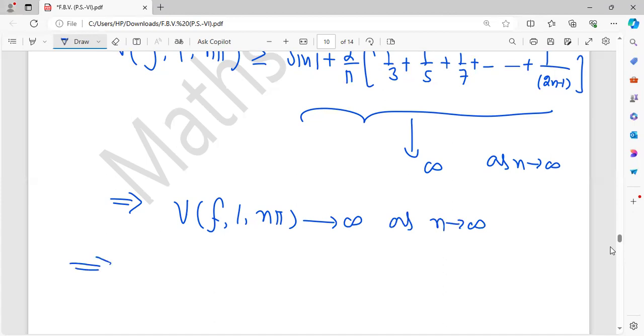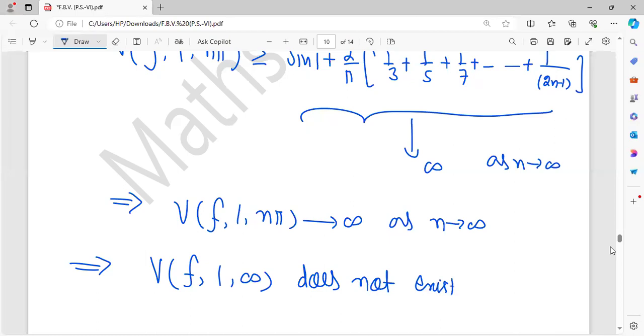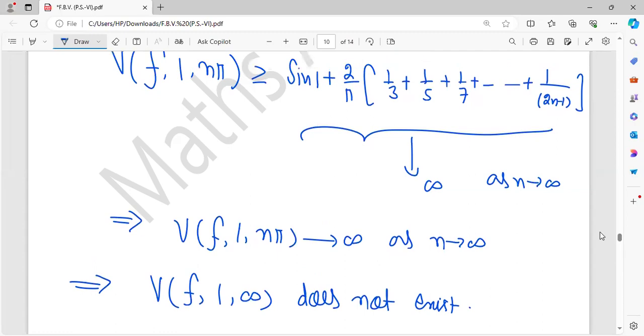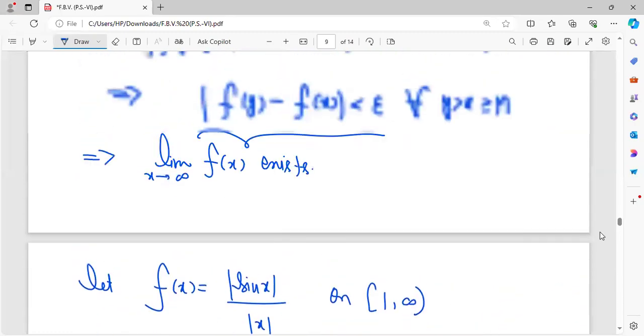So this implies the variation on [1, infinity) does not exist. Which option is correct? Option A is correct, but B is not correct.